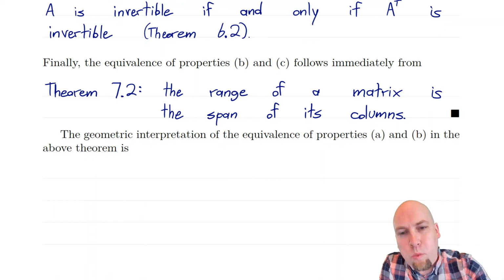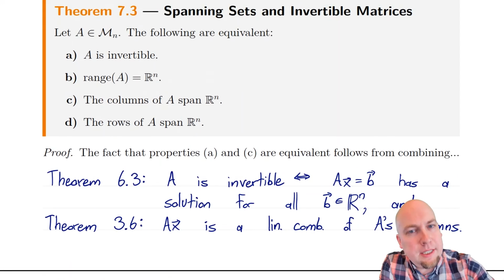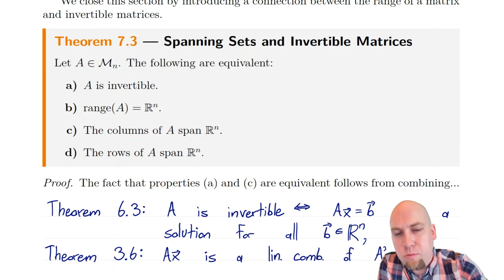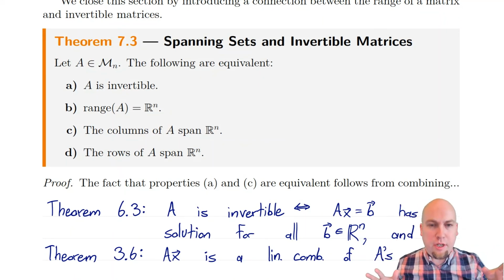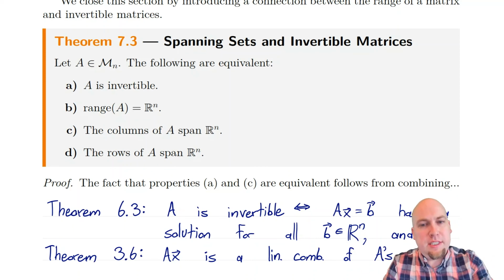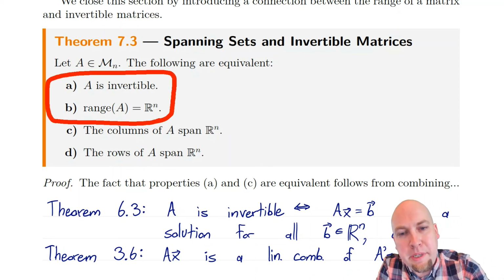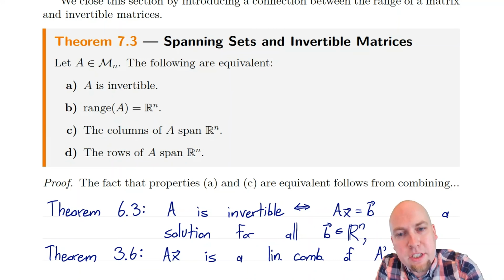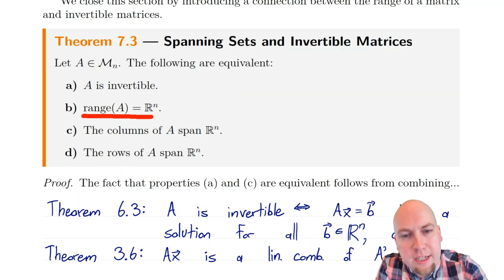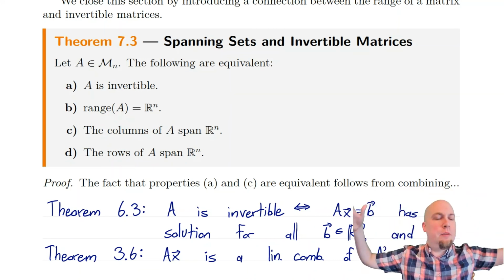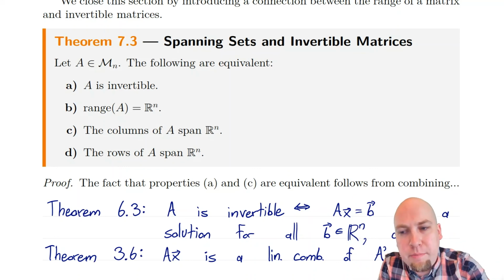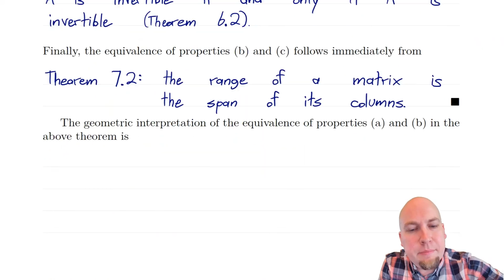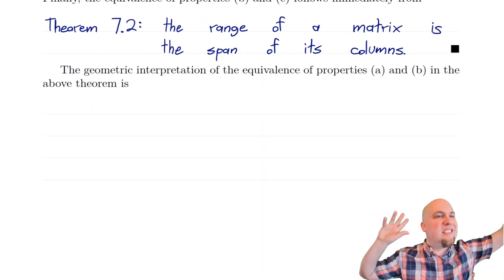I just want to make one final geometric note about something that's really nice about this theorem. It gives a geometric interpretation of invertibility of matrices, and it comes from looking at properties A and B. Look at that equivalence. A matrix A is invertible if and only if the range of that matrix is the entire n-dimensional output space, all of Rn. The way to think about this geometrically is that a matrix is invertible if and only if it doesn't squish space at all.